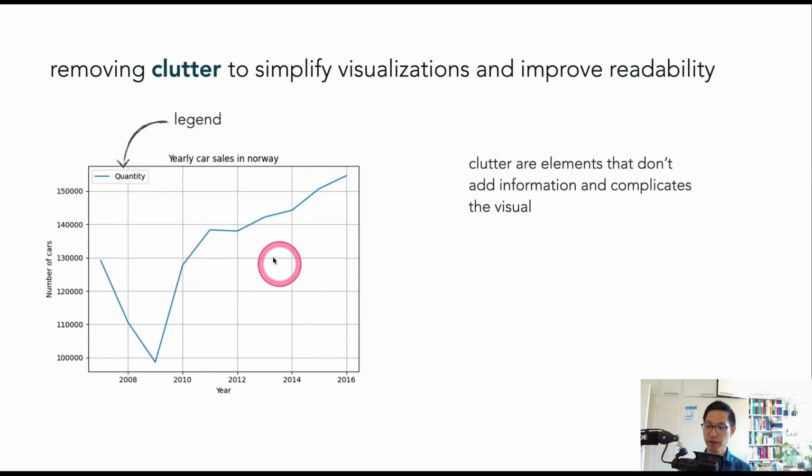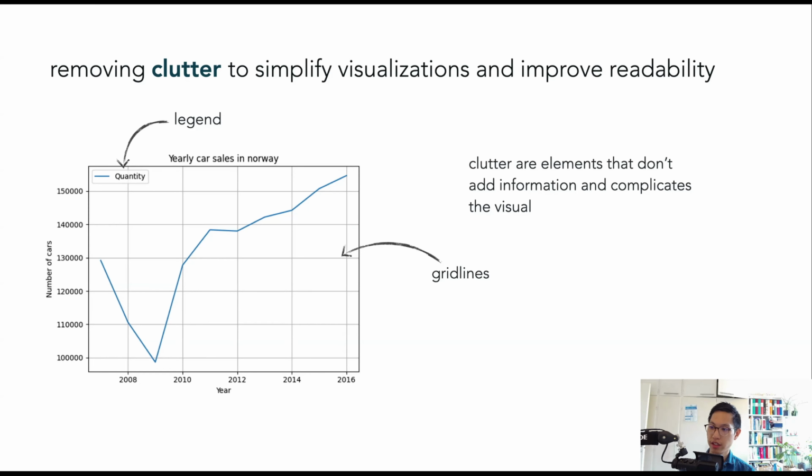But if you have several lines, the legend is also cluttering, because first, when you're looking into a legend, you need to move your eye to the left and then move back to the right. And that is disturbing. You want to have something called proximity, so that you have, for example, an arrow and a label to annotate that this corresponds to this label here. So legend, I will consider it as clutter here.